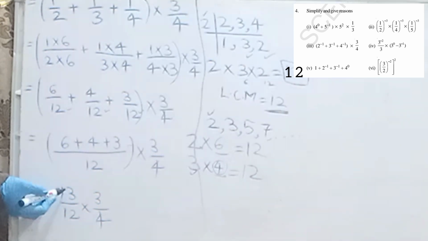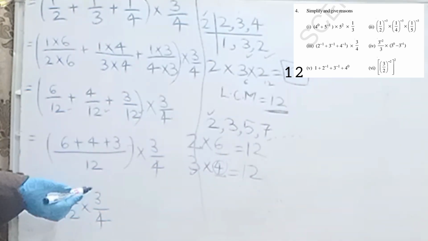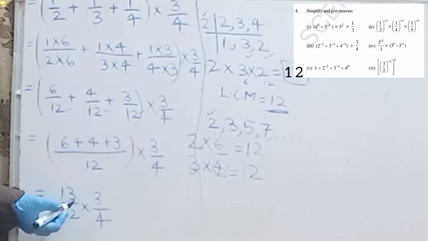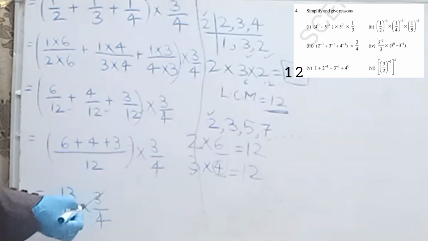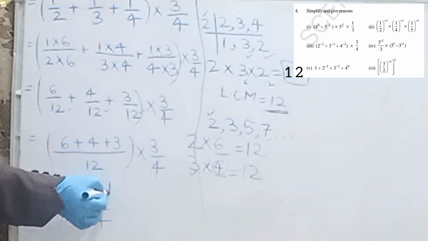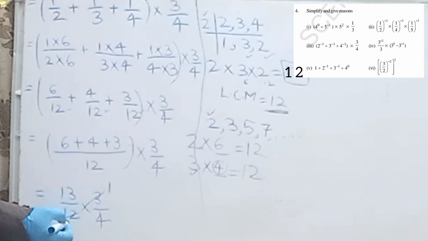If a numerator and denominator have same multiples, then we can cut it. Here we have 3, here we have 12. Since these two numbers we get in 3 table, we can cancel it. 3 1s are 3, 3 4s are 12. Now we can't cancel anything. Here 4 is there, here 4 is there, but both 4s are in denominators.